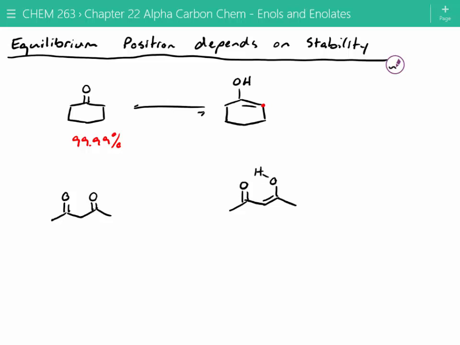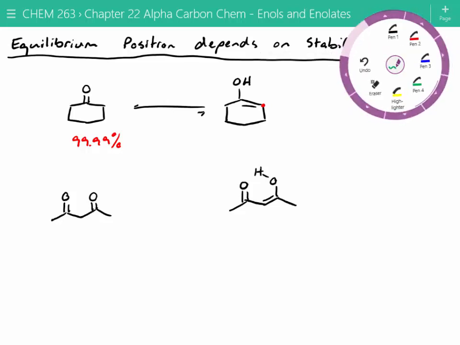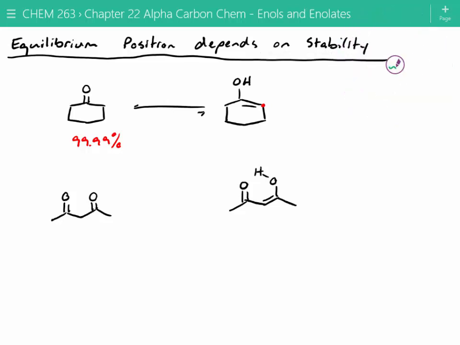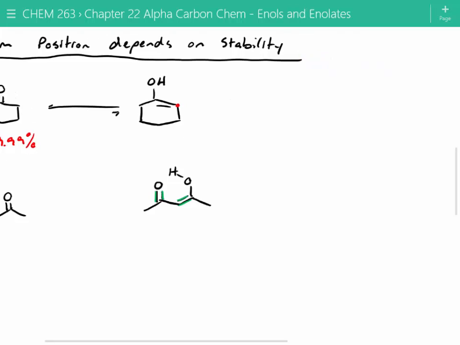So we've got the enol form. What's special about the enol form? A couple things. One thing is, if you look at these bonds right here and here, what do we call those when we've got double bonds separated by a single bond? Conjugated. So in this case, the enol form is conjugated.